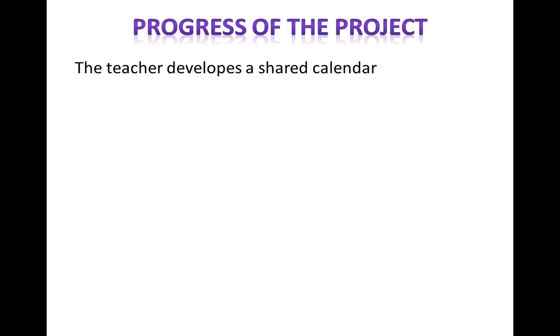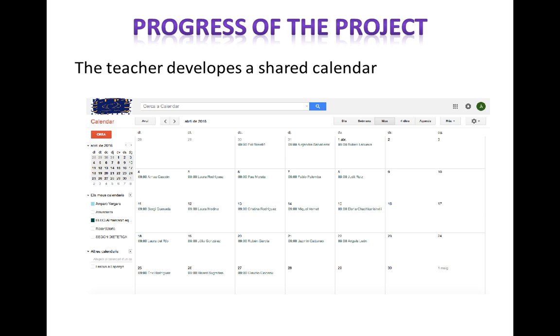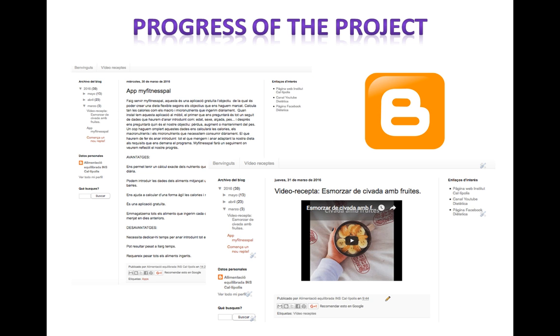The following step is to develop a shared calendar using Google Calendar to help organize which student has to post each day. On the scheduled day, each student will publish on the blog an article and a video, for example, a video recipe.